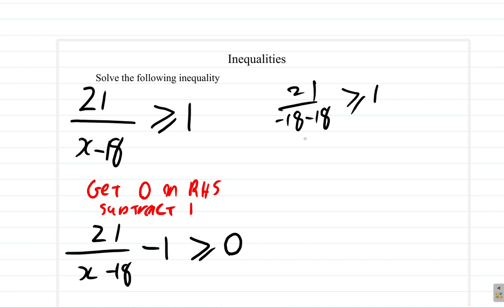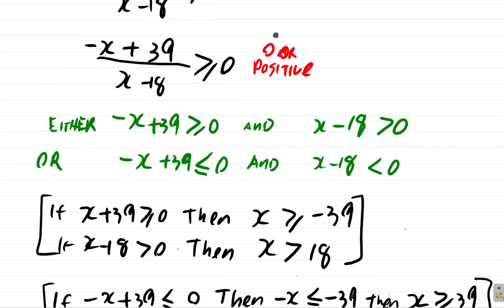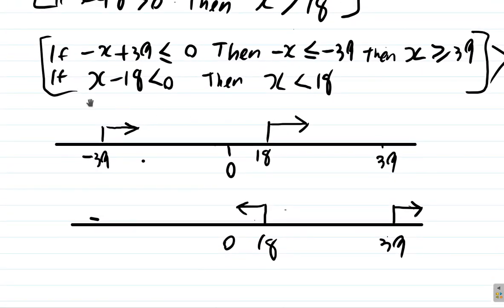But it's going to be 21 over negative 36, and that is going to give you a negative answer. And the negative number is less than 1. So we see so far that these numbers are not supposed to work. With the equation, any number going back is not supposed to work.